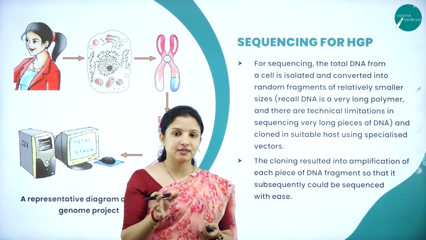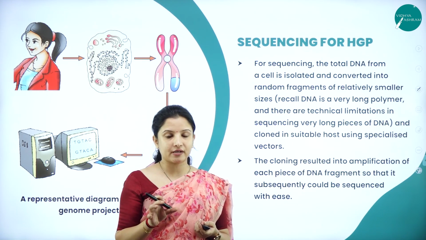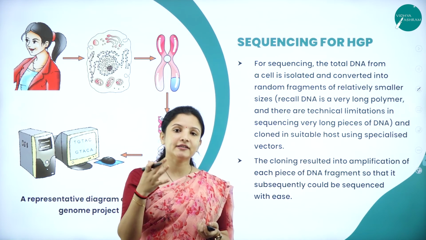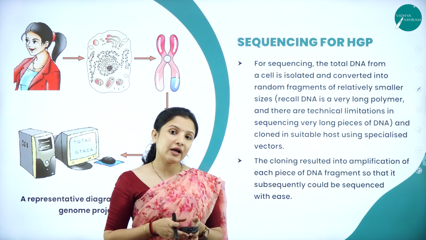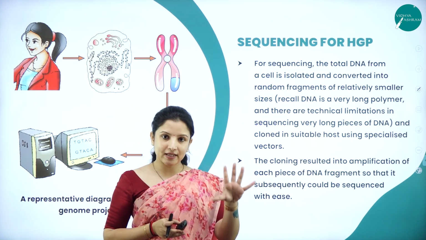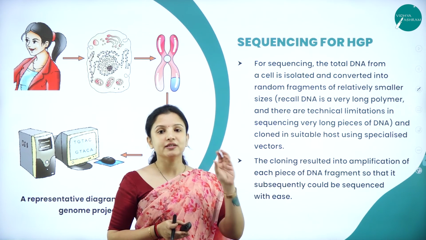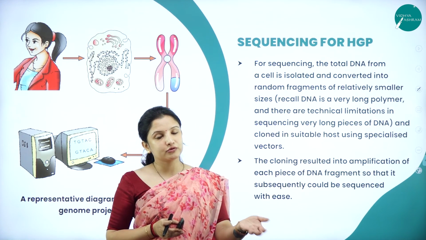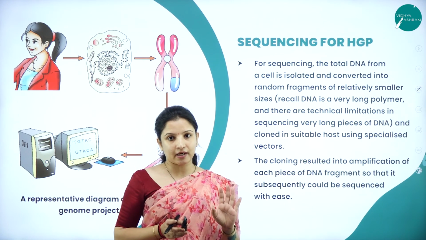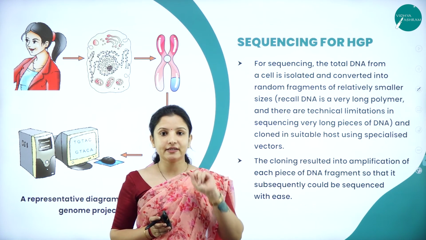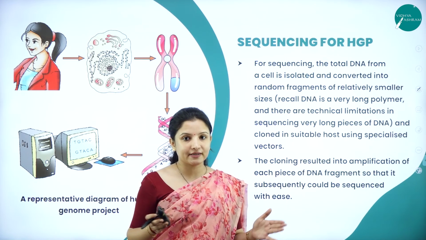For sequencing, first a DNA is required, right? That DNA strand has to be isolated from the cell. Why from the cell? Because the cell has a nucleus. Inside the nucleus, chromosomes are there. What is a chromosome? It contains the DNA strand. So if we need to isolate the DNA strand, first we need to separate the cell.